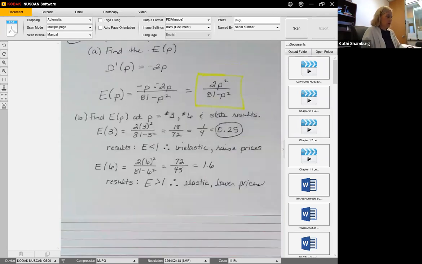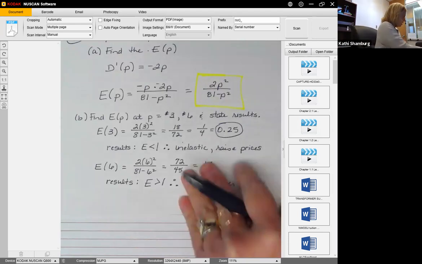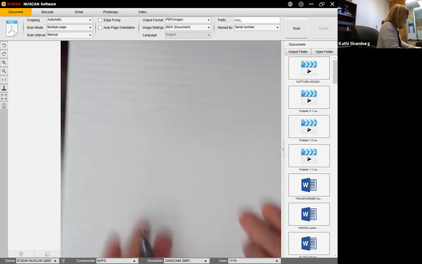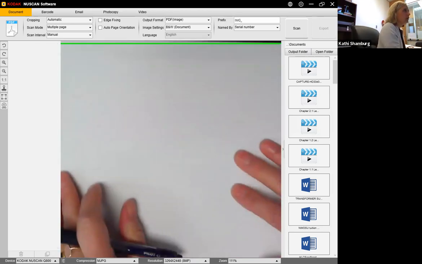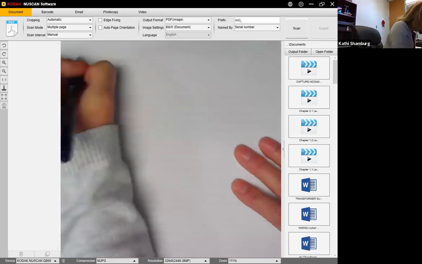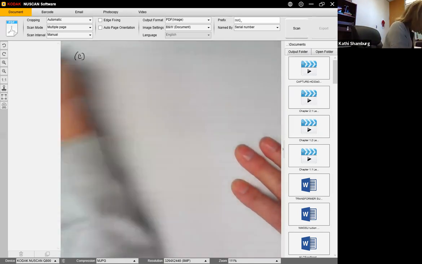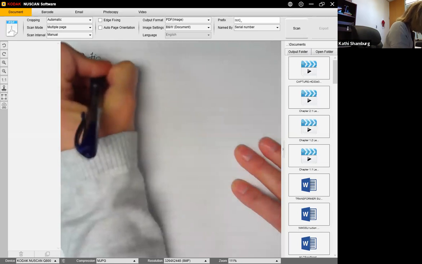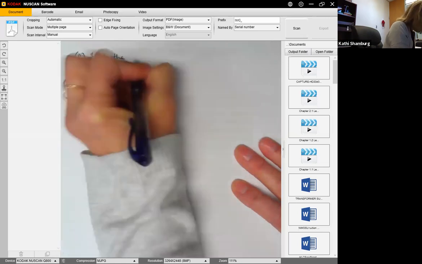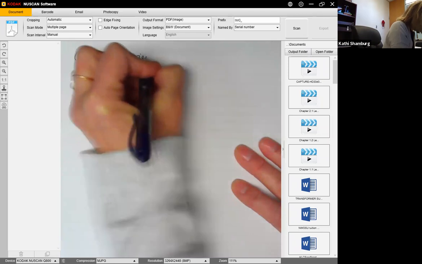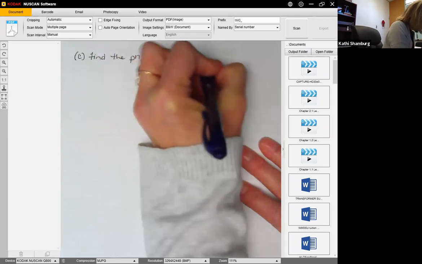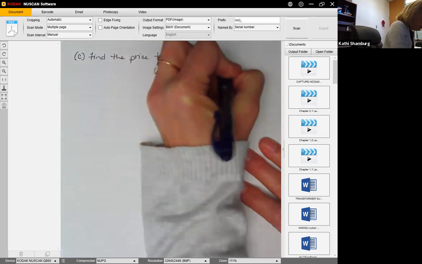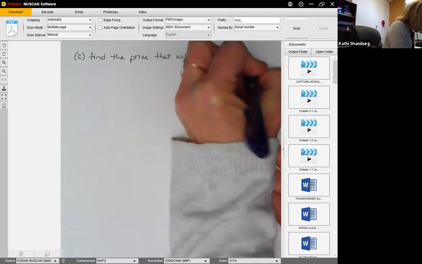Okay. All right. One last question. It's still on this same example. Let's say part C asked us to find the price that will maximize revenue.